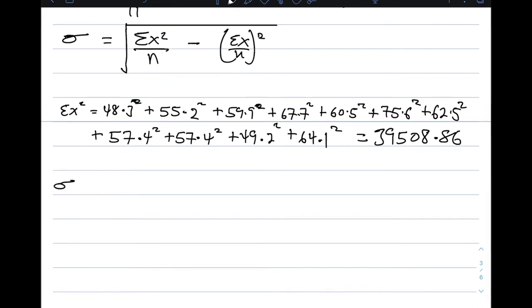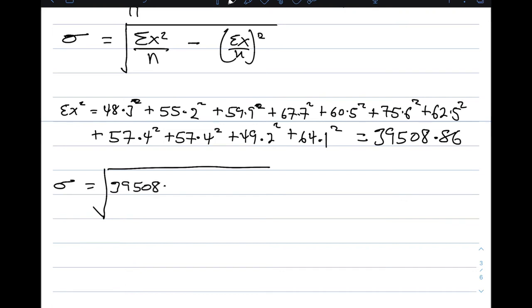Okay, so the standard deviation is the square root of, now we know that this is what we have here. So now let's solve it. So it means we have 39508.86 divided by the number of observations, which is 11, minus the mean.